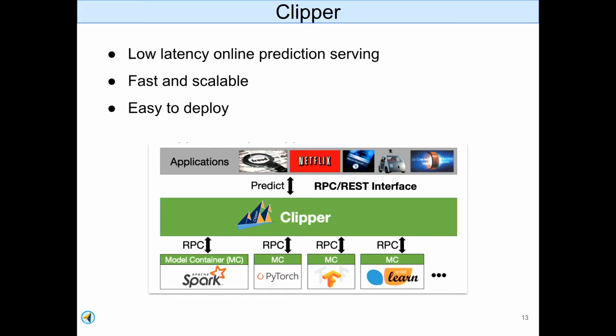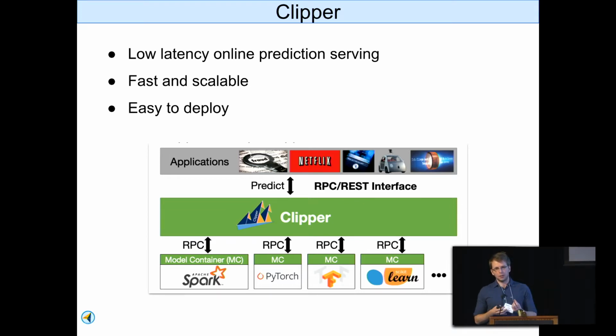Clipper is the fourth system you'll learn about today. Clipper makes it possible to decouple applications from the machine learning models they use. In the figure at the top, we have a layer of typically interactive applications, such as Netflix movie recommendation, and at the bottom we have an increasing number of heterogeneous machine learning models and frameworks.